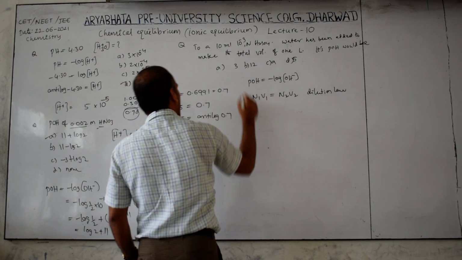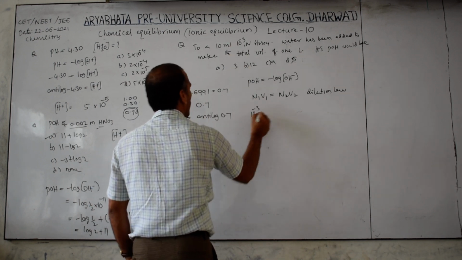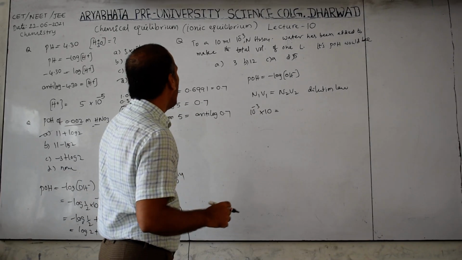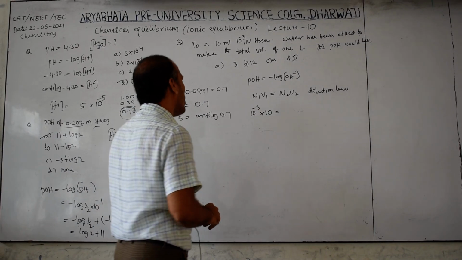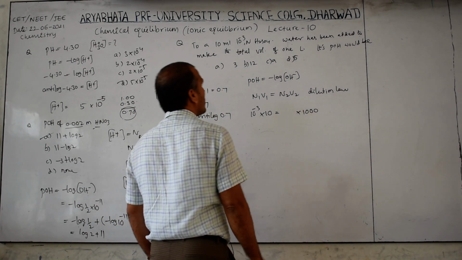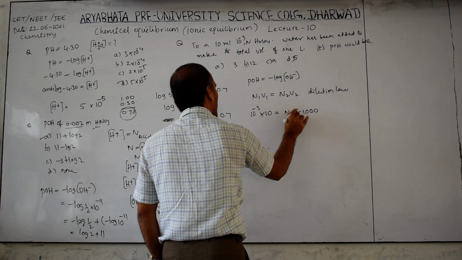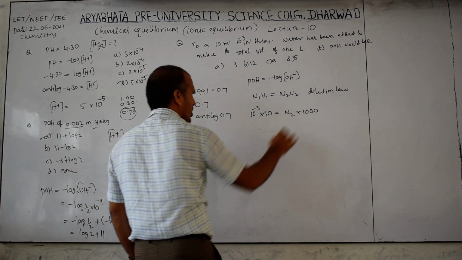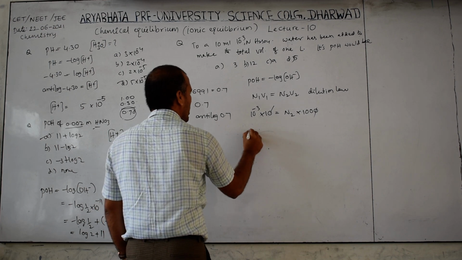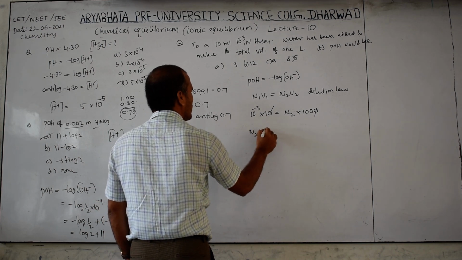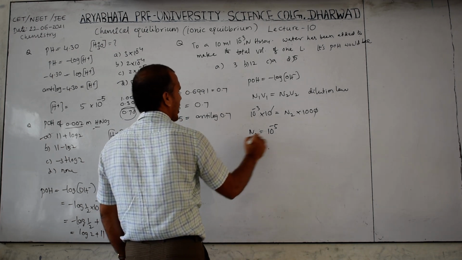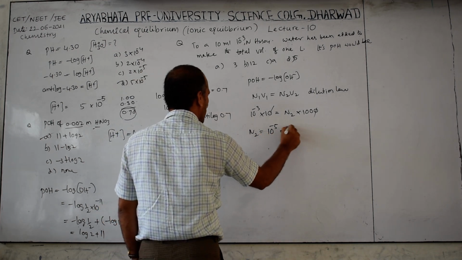Initial normality 10 power minus 3, volume 10 ml, and water has been added to make the total volume 1 liter. Therefore, here 1 liter means 1000 milliliter. Then this normality we have to calculate. Therefore, 10 and 10 cancel. Then N2 is equal to 10 power minus 5, that is equal to H plus ion concentration.